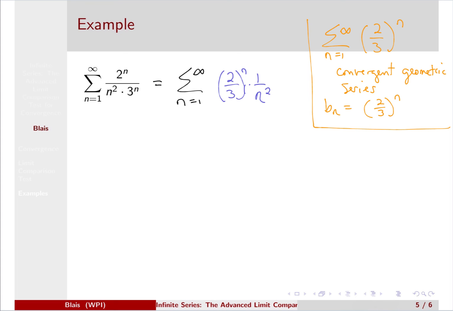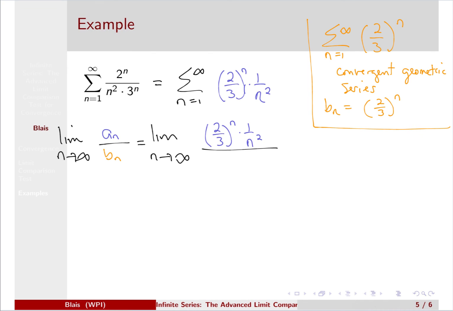So let's look at the limit as n goes to infinity of a sub n over b sub n, or the limit as n goes to infinity of our expression here, 2/3 to the n times 1 over n squared, divided by our b sub n, which is 2/3 to the n.